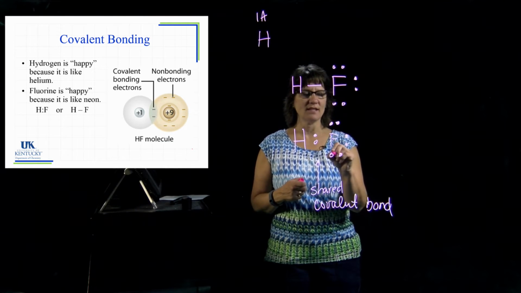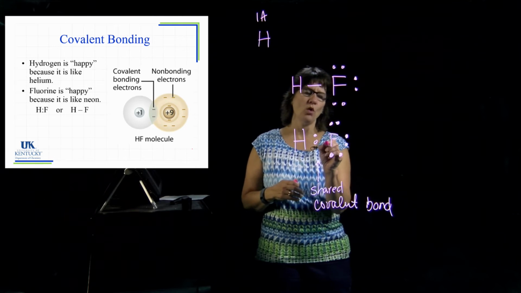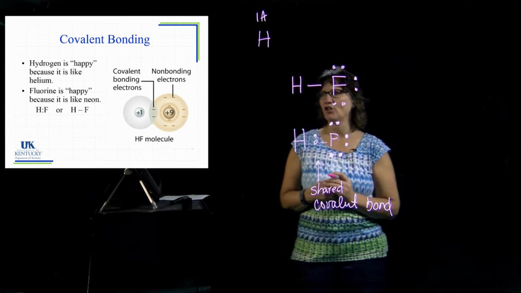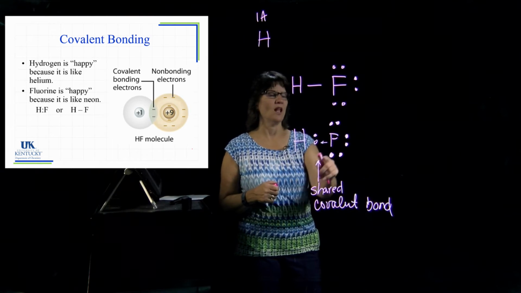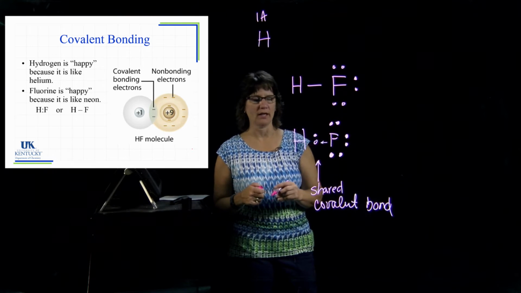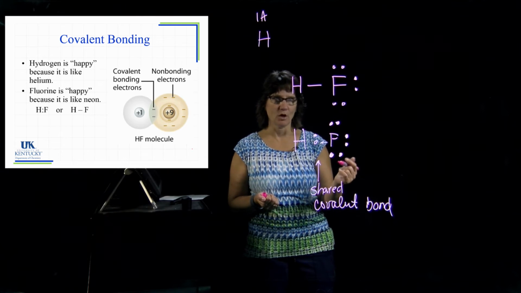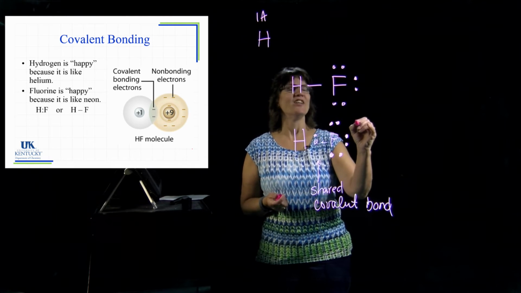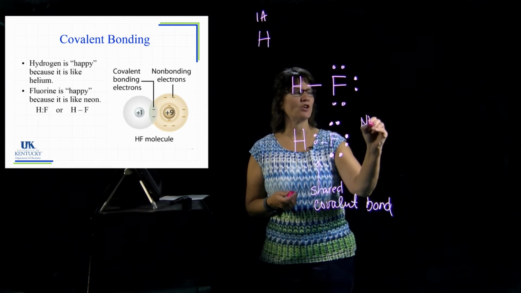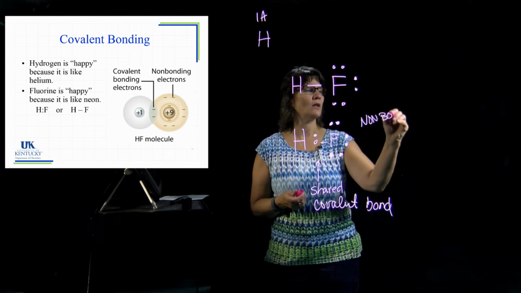The fluorine is not saying you can have those. Only one of these inside here is being shared with the hydrogen. These are unshared electrons. They might be called unpaired. No, unshared, okay? Non-bonding. Sometimes they're called non-bonding electrons.